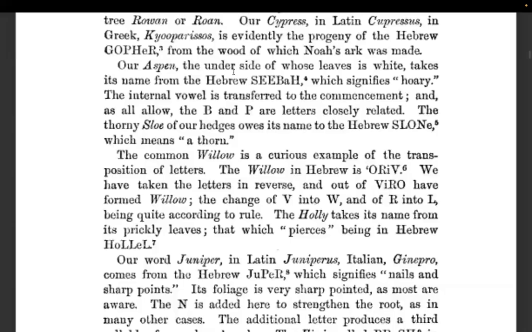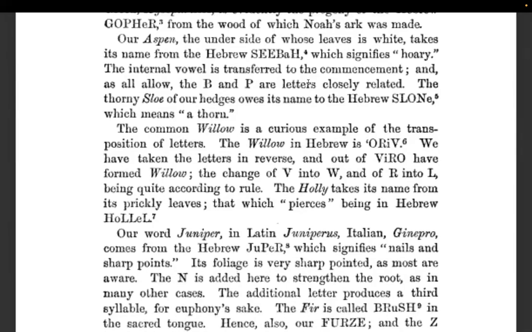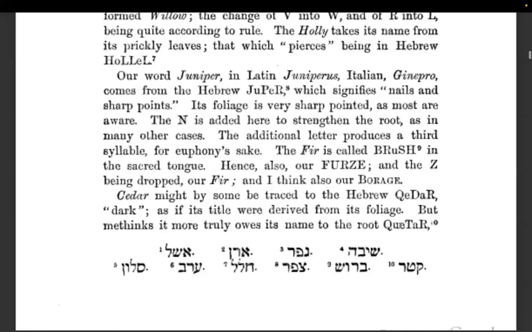Our aspen, the underside of whose leaves is white, takes its name from the Hebrew shebah, which signifies hoary or elderly. And you can see that is down here. Shin, yod, beit, hey. The word shub or teshuva is to return, and shub is to go around again and again, like an old man. And that's what this is when it means hoary, because it's someone who's come around again and again many times.